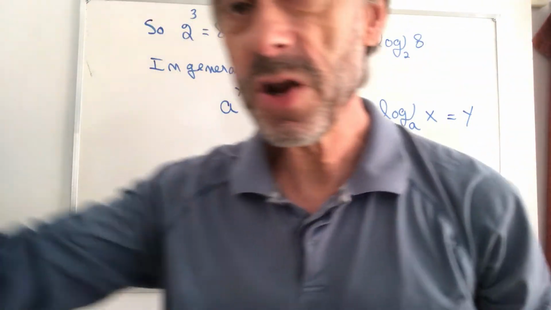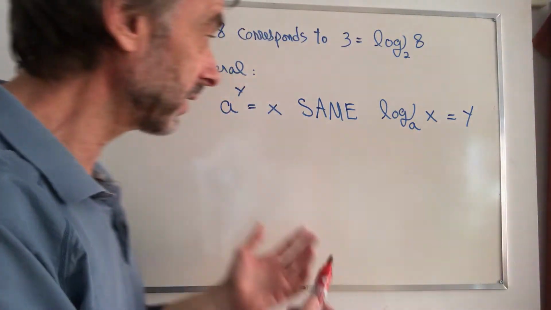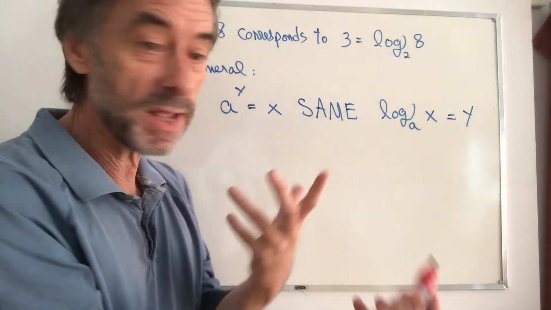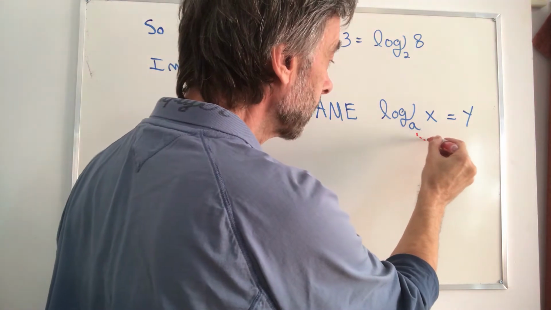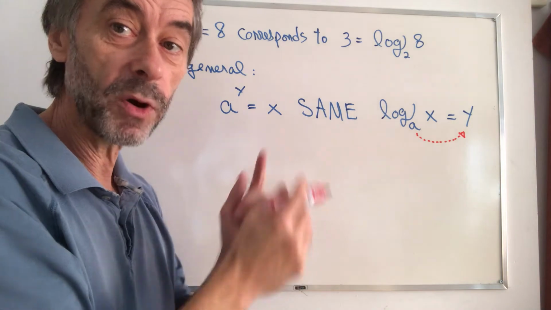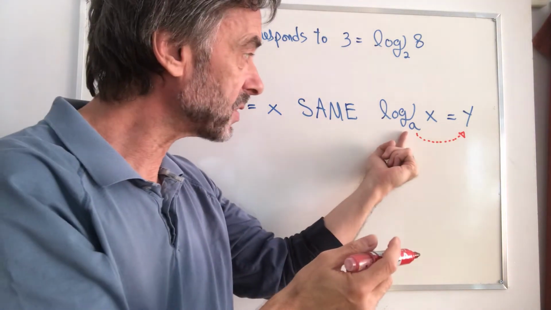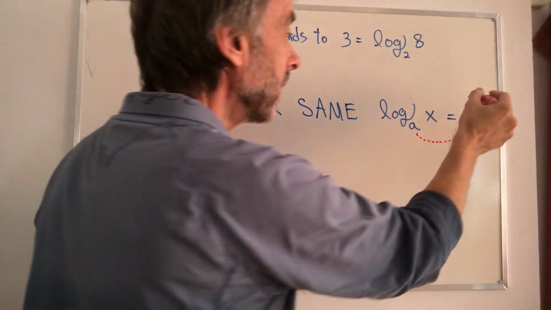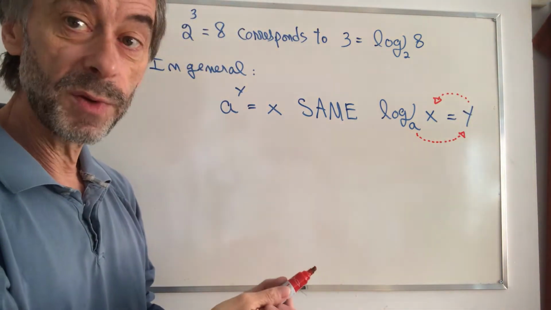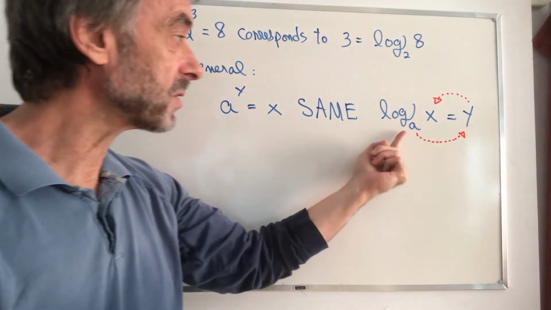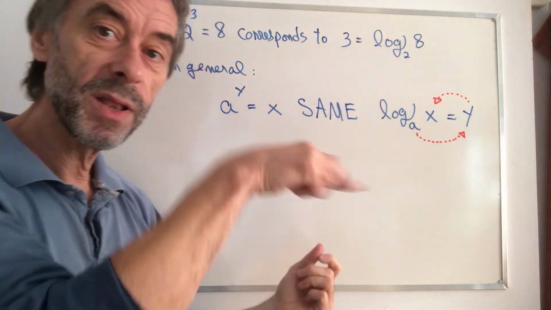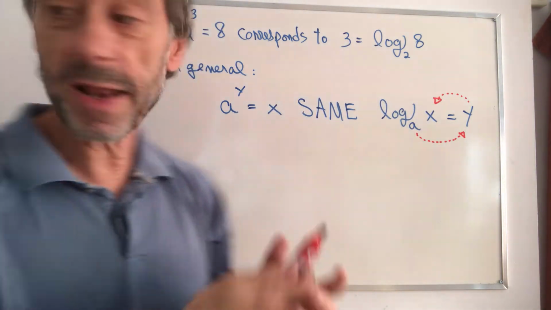Now, I have a little mnemonic to propose to you to remember this most important and fundamental connection. I take the base, and then I raise it to the power of what's on the other side. So I take the base a, raise it to the y, and I make that equal to what's inside the log, which is x. Kind of a loop like this, okay? So let's keep that in mind.